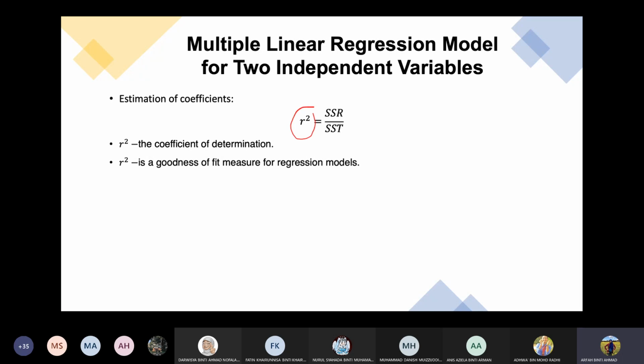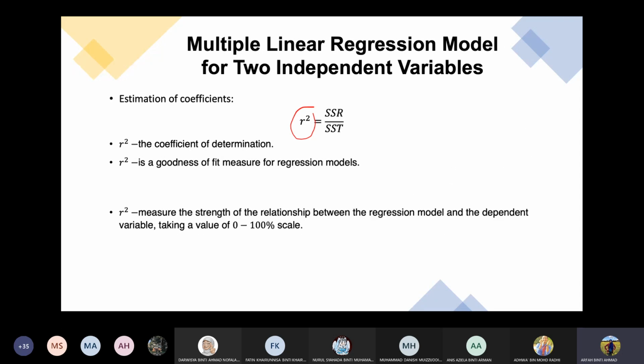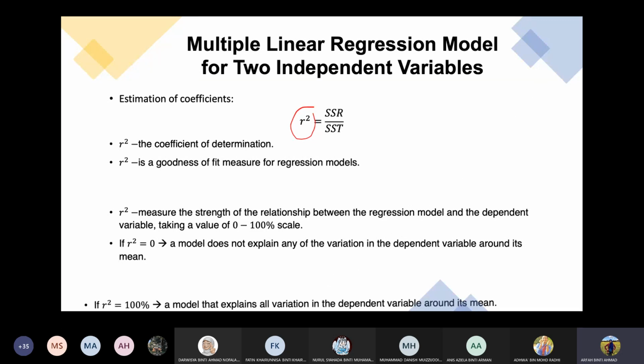It measures the goodness of fit for the regression model, and then it also measures the strength of the relationship between regression model and the dependent variable, taking the value between 0 to 100%. Okay. So berapa kuat dia punya regression model terhadap variable Y. Kalau R squared sama dengan kosong, a model explains none of the variation in the dependent variable around its mean.